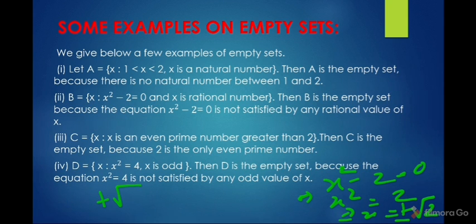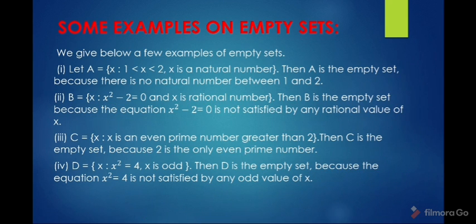Now plus root 2 and minus root 2, both of them are irrational numbers. That means both solutions of this equation are irrational numbers. So there does not exist any rational number which satisfies this equation. That means B is an empty set because this equation is not satisfied by any rational number.